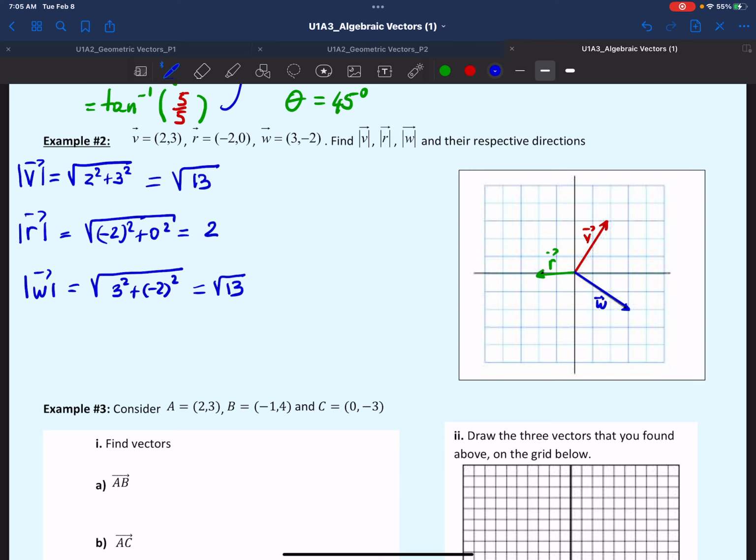So I'm going to call the angle that vector V makes alpha, and then I'm going to call the angle that vector R makes with the positive x-axis angle beta, and the angle that W makes with the positive x-axis gamma. So I'll start off with alpha.